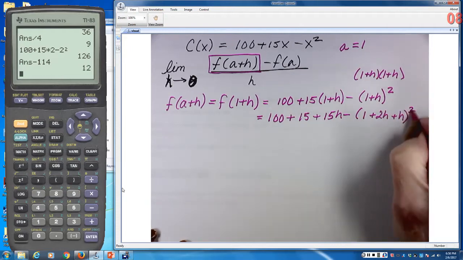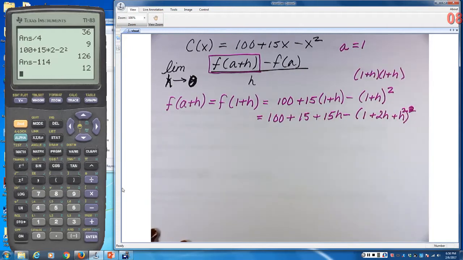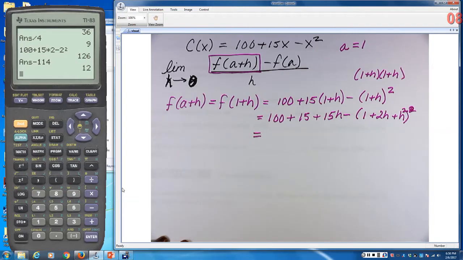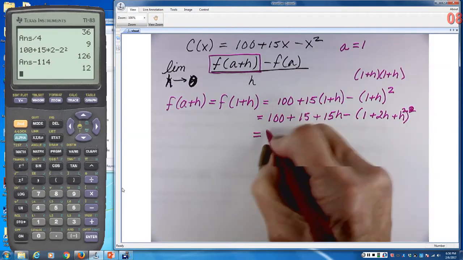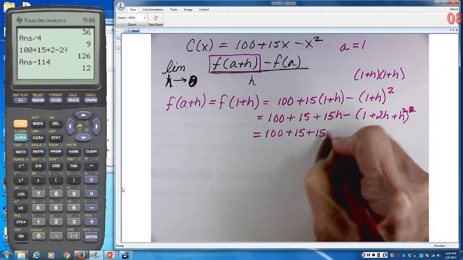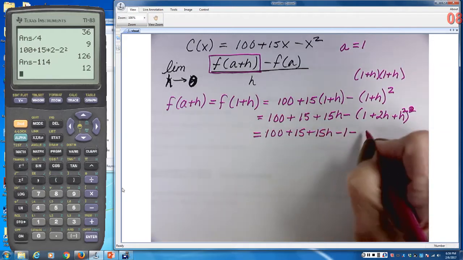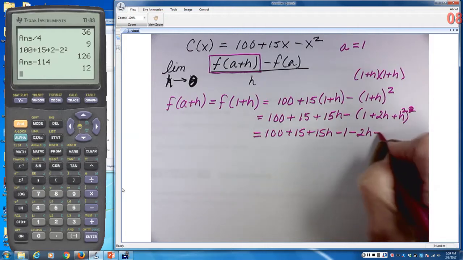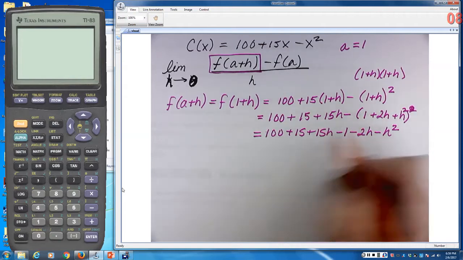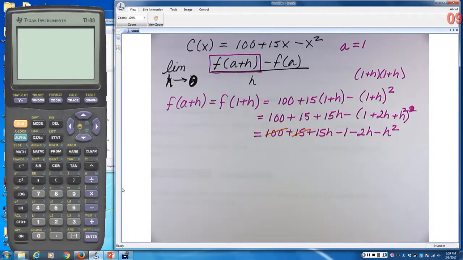Oh, and my squared goes inside, not outside, sorry. So now we need to change all these signs and see what we can get rid of, if there's anything that will drop out. Let's see, 100 plus 15 is 115.